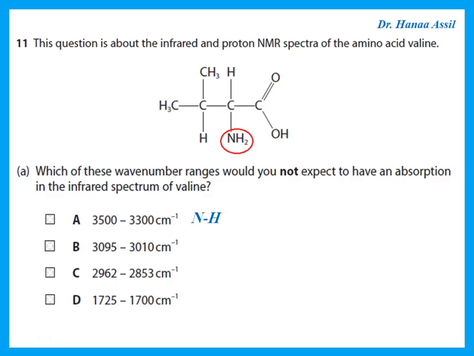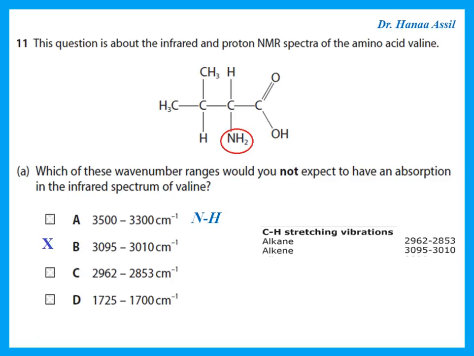Now, 3095 to 3010, well, if you look at the data booklet, you will find that the CH stretch for alkane is 2962 to 2853. So that is what I have in C. I can have that, but the 3095 to 3010, this is for alkenes, and I don't have alkenes.